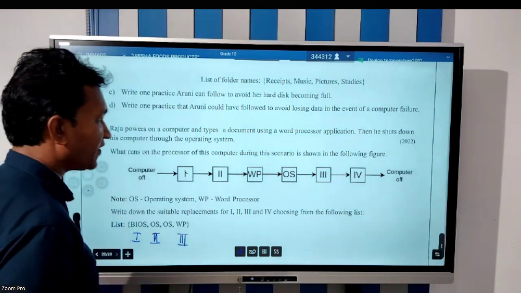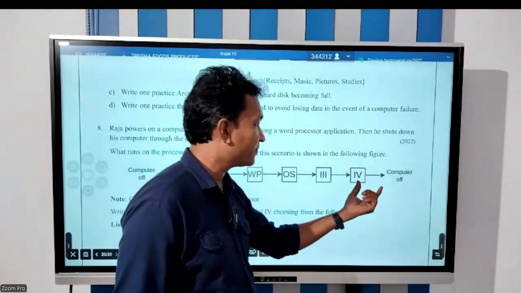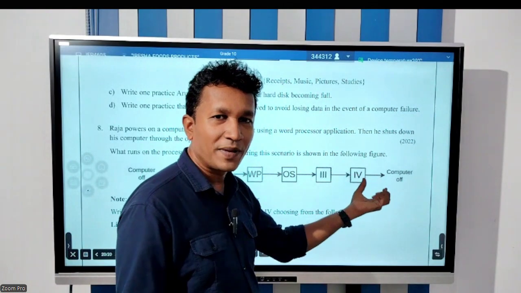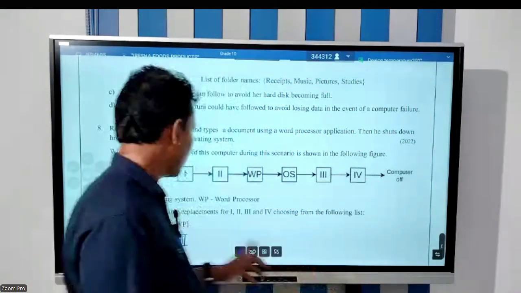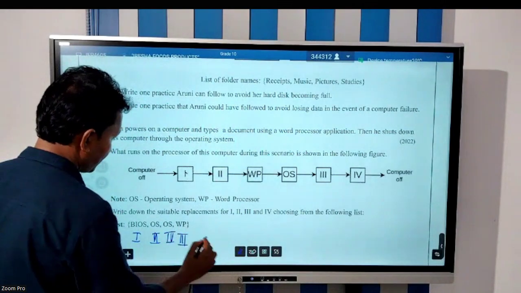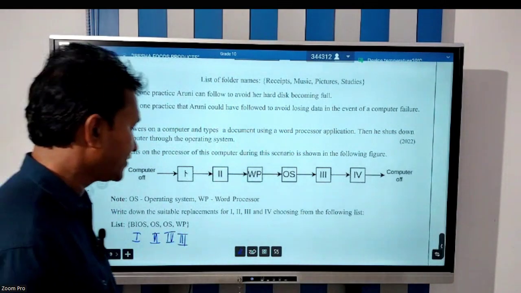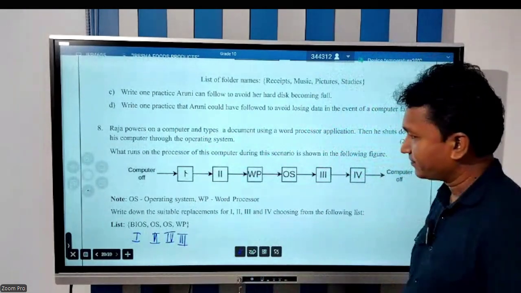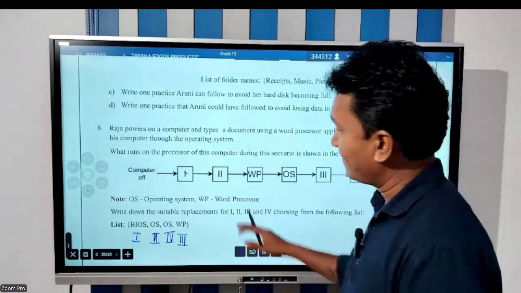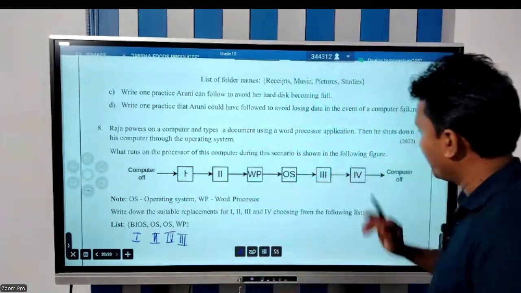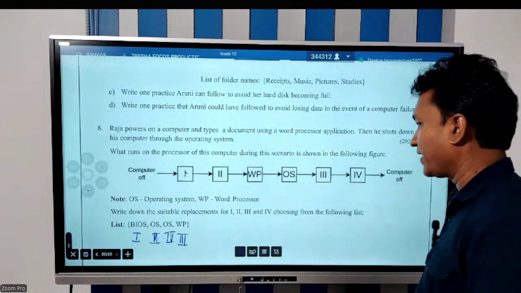Finally, he shut down the computer. Before shutdown, the operating system is there, right? The operating system is working. So therefore, the fourth one is OS again. BIOS, operating system, word processing, and operating system.